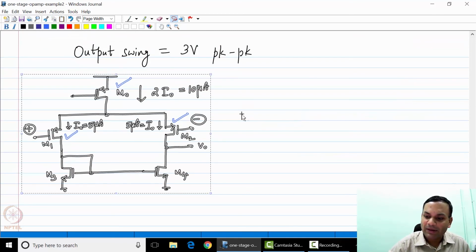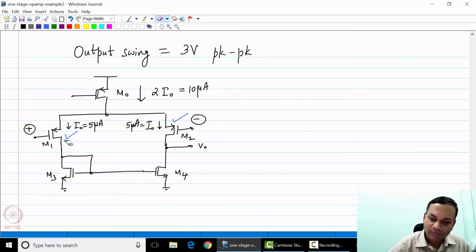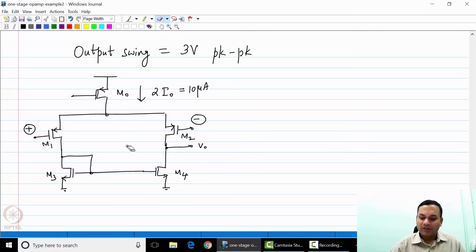So let us depict it on this particular picture. We will assume that feedback is used to set V0 to be equal to VDD by 2, or 2.5 volts, which is a fairly good place to bias the op-amp.